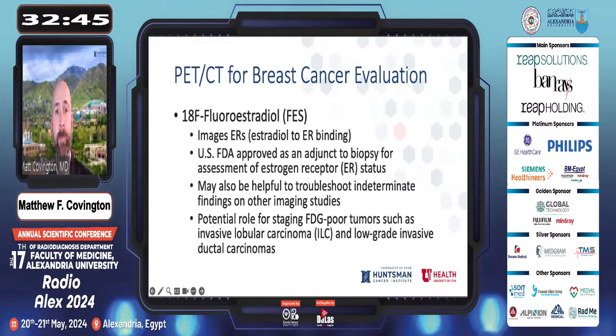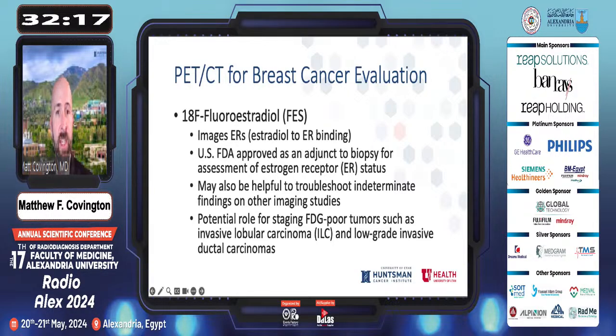And my personal greatest interest is, can we use FES to improve detection of cancers that tend to have some difficulty with FDG? And specifically there, I'm speaking about invasive lobular carcinoma, which is the second most common subtype of breast cancer, or low-grade, very early, well-behaved invasive ductal carcinomas.